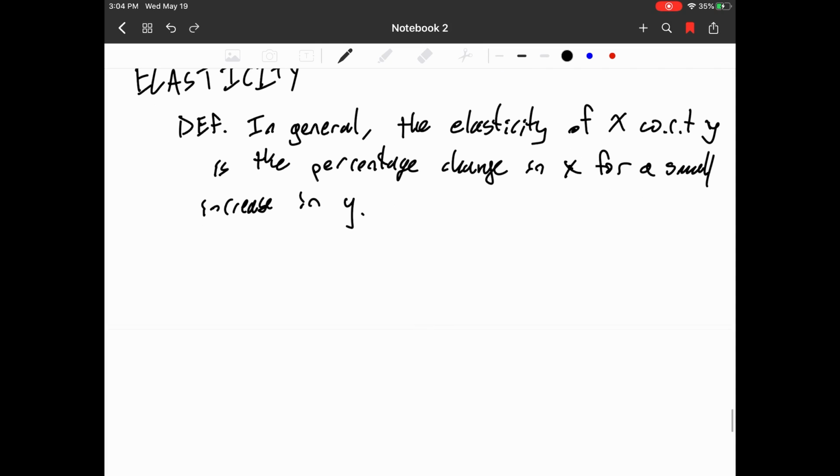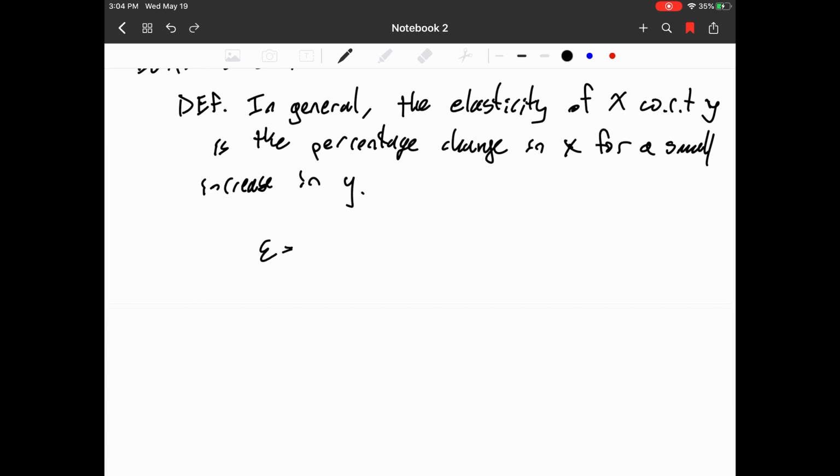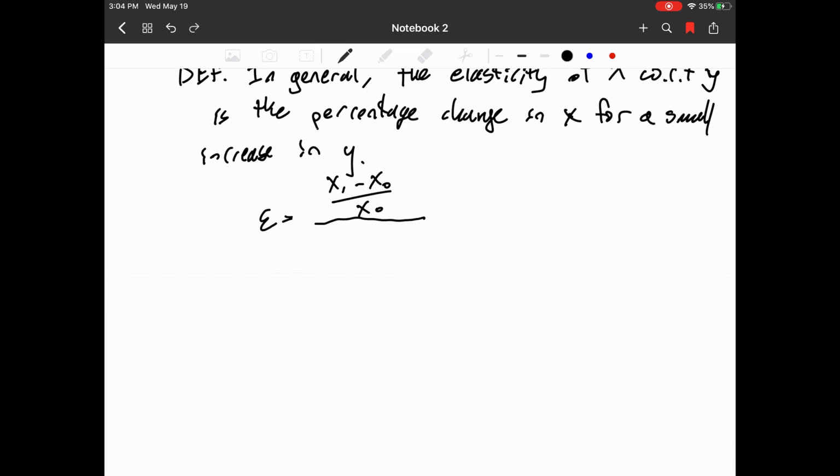Then we can define this as epsilon, which you may have seen before. Then we have our classic definition from intro, which is x1 minus x0 over x0, over y1 minus y0 over y0. So this is not the midpoint method. You'll see in just a second why we don't need the midpoint method.